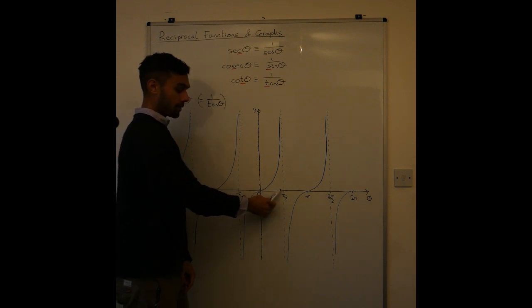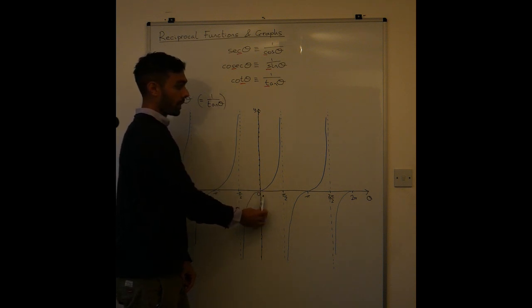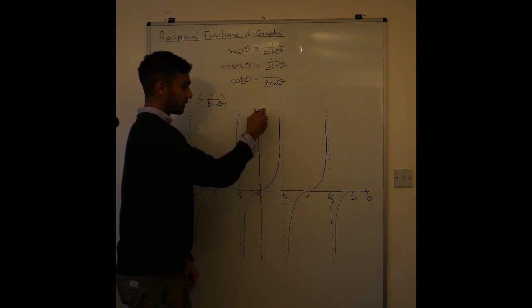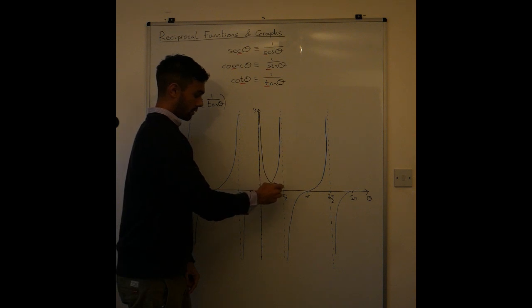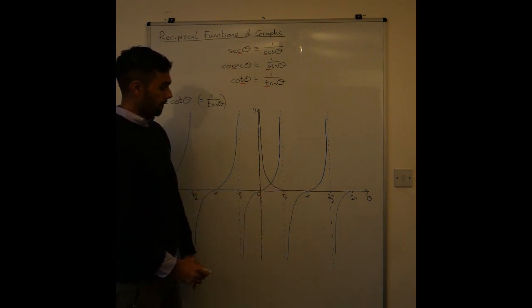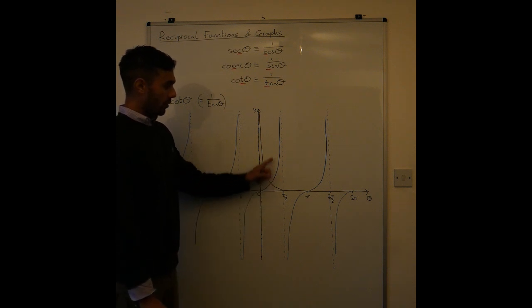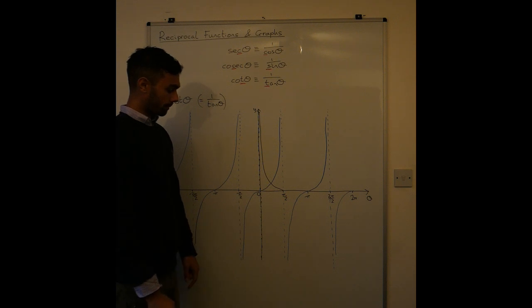So cot is going to be down here close to 0 as theta moves across to pi over 2. Cot will look like this, and it's hitting 0 at pi over 2. Okay, yeah, it is actually a reflection of the tan graph on the line x equals pi over 4.